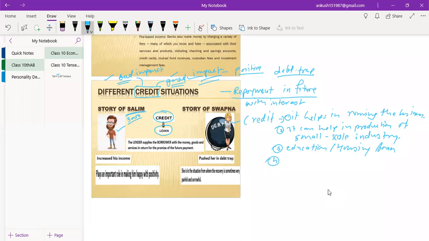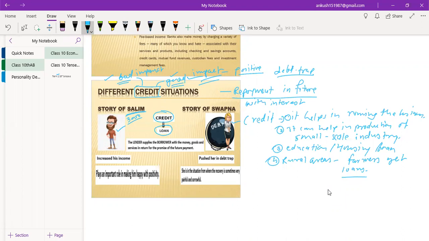This is the positive impact. Another positive impact of credit can be in rural areas. Farmers need credit to buy seeds. In rural areas, farmers take loans and they can fulfill their needs and requirements in the beginning of the season, the rainy season, where they toil in their fields.